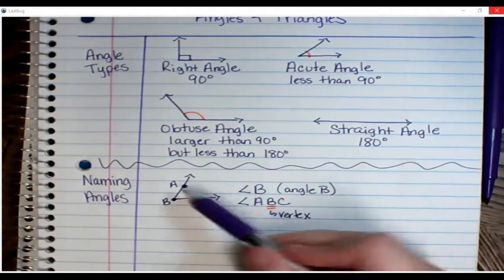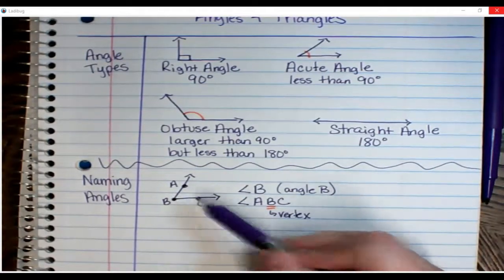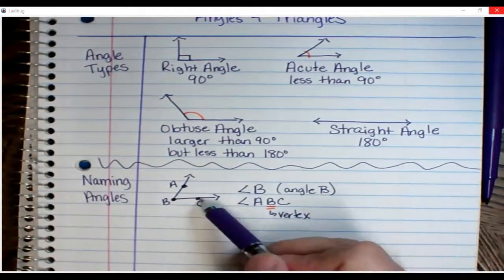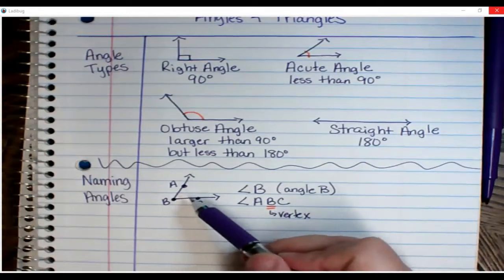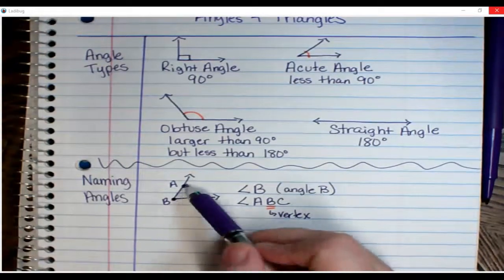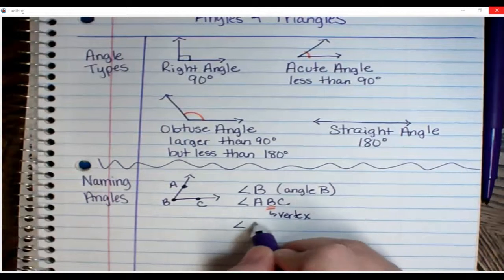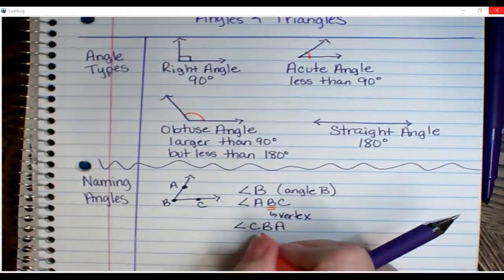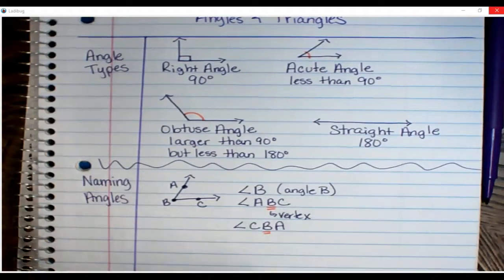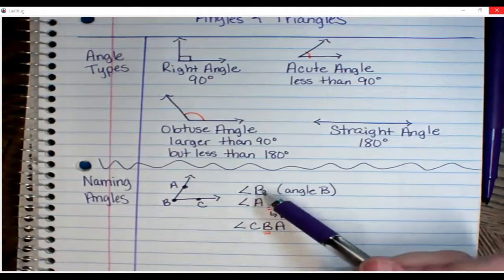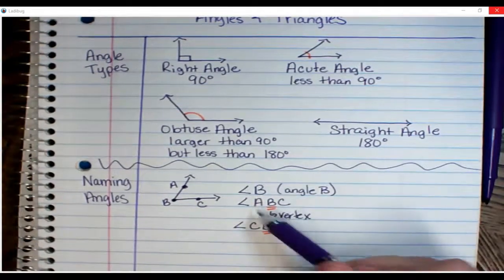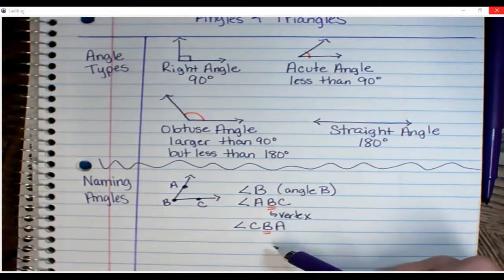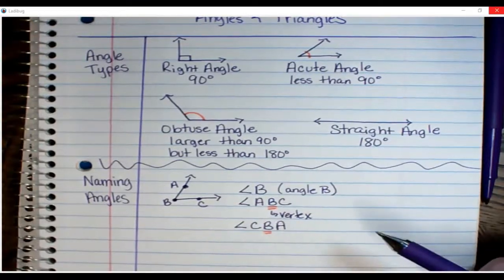So I could label this angle ABC. I could also label it angle CBA, as long as that vertex is in the middle. Okay, so there's two ways to label it, by just its vertex or by the three points that are listed on the angle.